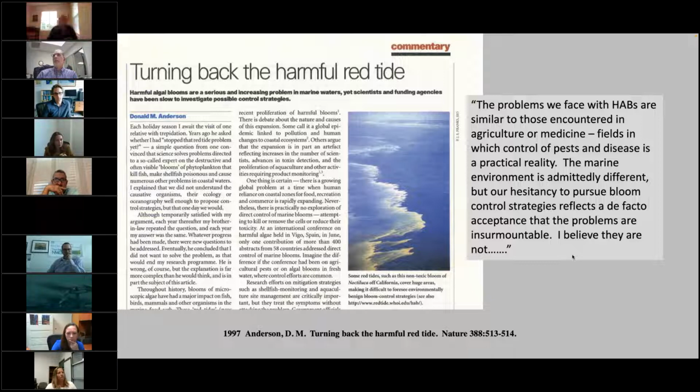The marine environment is admittedly different, but our hesitancy to pursue bloom control strategies reflects a de facto acceptance that the problems are insurmountable. I believe they are not. Now, you can see that was, what, 25 years ago, and have we been able to control any red tides out there on any sort of scale? The answer is no. Things are progressing more in freshwater systems, but in marine environments, it's been slow progress.